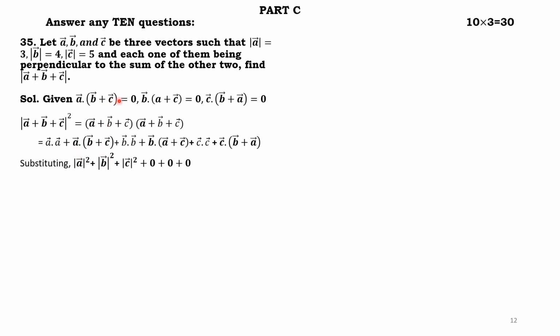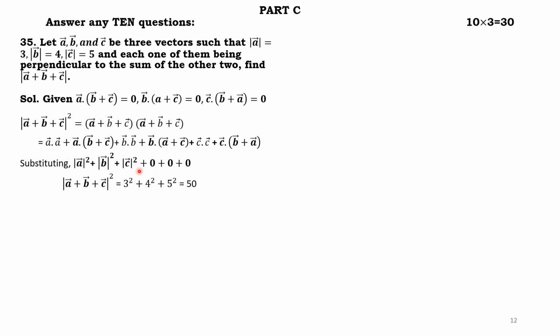You see here in the first line, given A dot (B plus C) is 0, B dot (A plus C) is 0, and C dot (B plus A) is 0. Therefore, we put 0 plus 0 plus 0, only remaining A square plus B square plus C square.